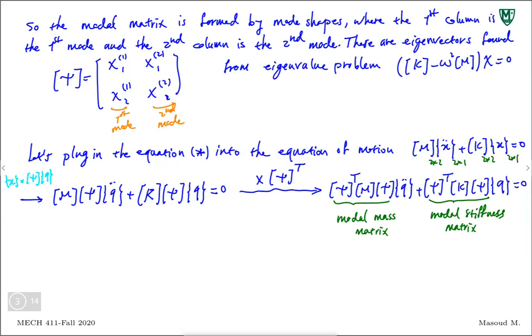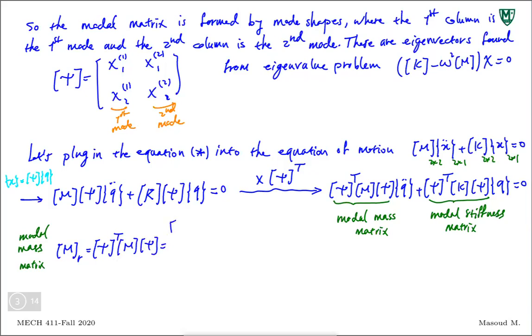We can prove that mathematically. I'll just give you the general process of what happens if you do this multiplication. There you go. Let's look at them separately. This is the modal mass matrix. We show it with M R. It is psi transpose M psi.